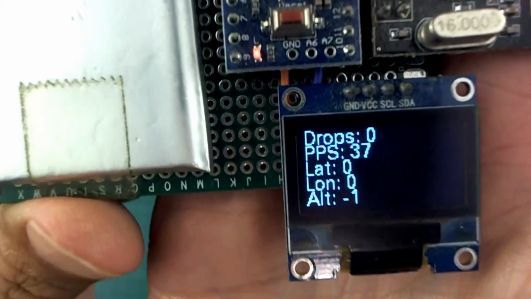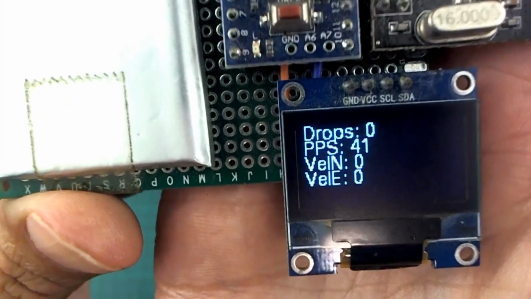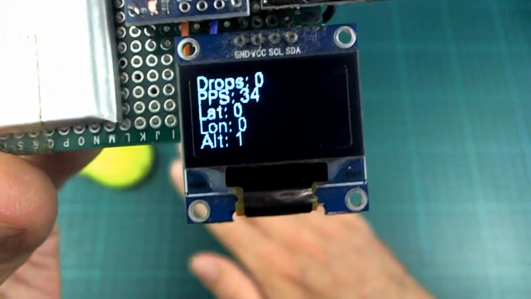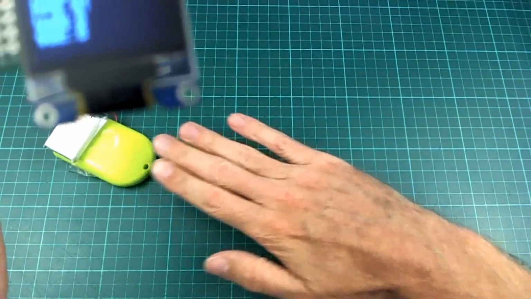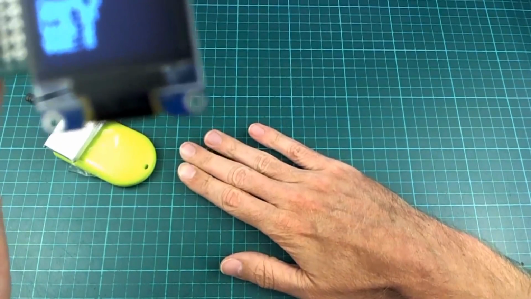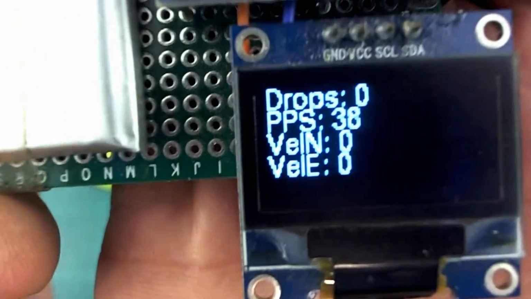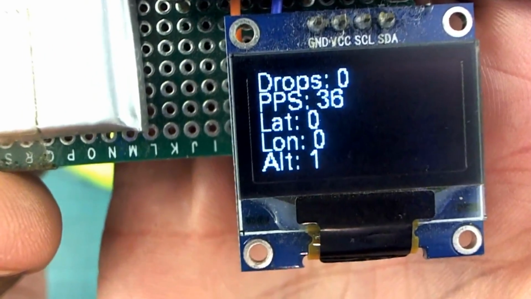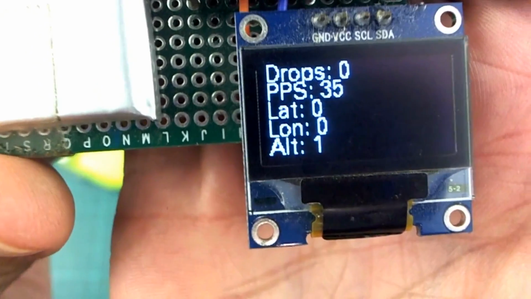The reason it drops down to 0 briefly at the beginning is because it's doing some calibration of the barometer. The altitude that I have it sitting at on the desk, it's going to consider to be 0, and so it thinks it's 1 centimeter above the desk at the moment.